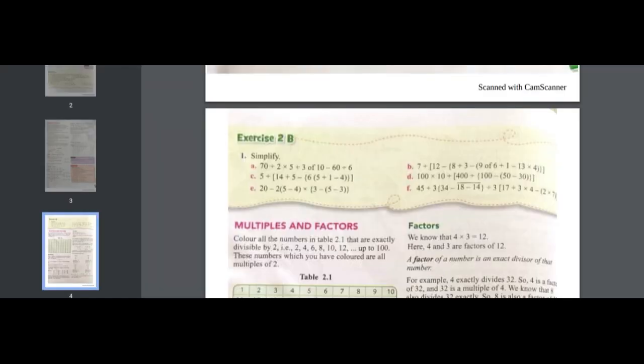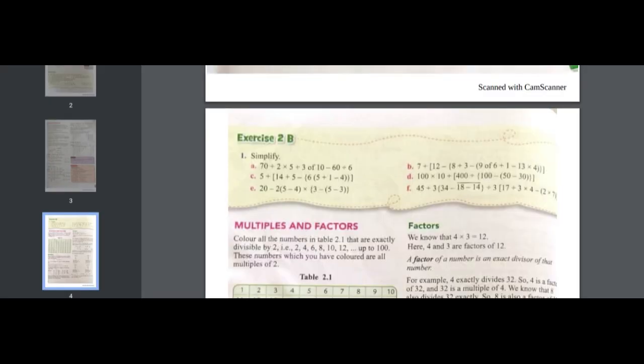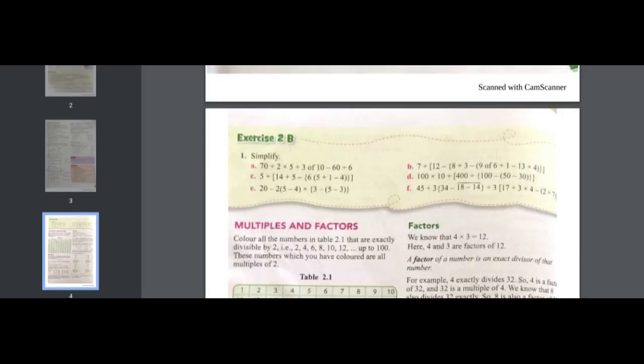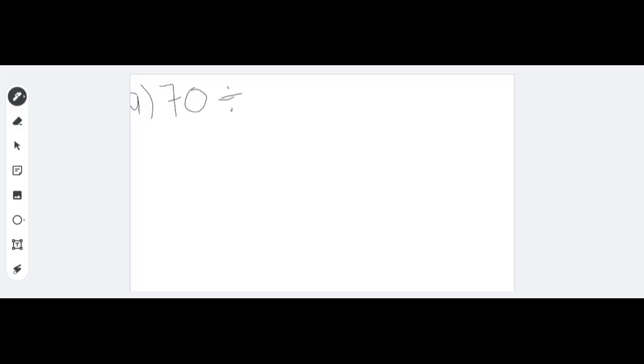The first question is, you have to help me with the writing. I'm supposed to write 70 plus 2 times 5. No, we have to follow the proper rule. There is an off sign here. Yes, you're supposed to write the whole question, then we solve it. 70, is it plus or divide between 2? 70 plus 2 multiply by 5.